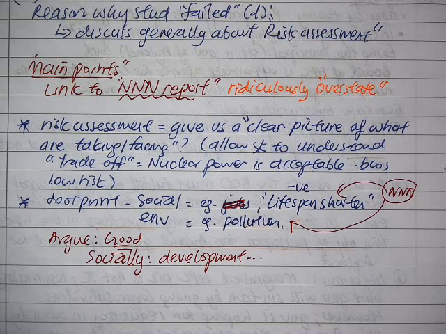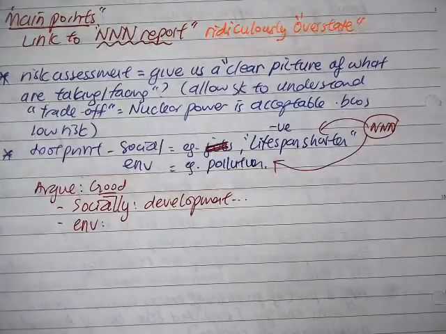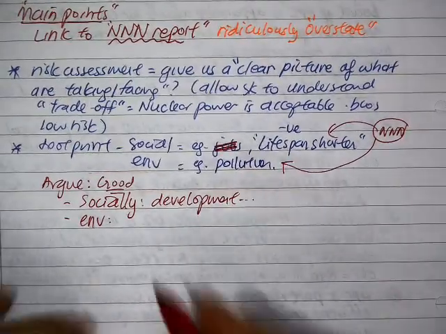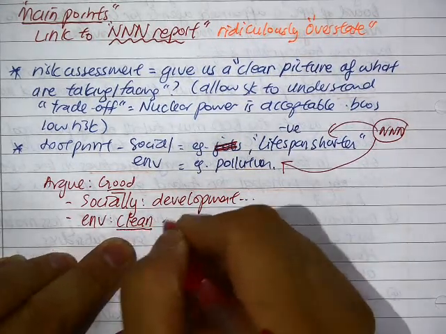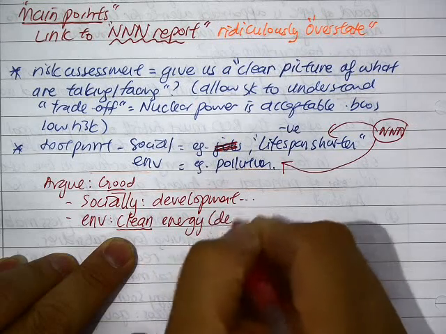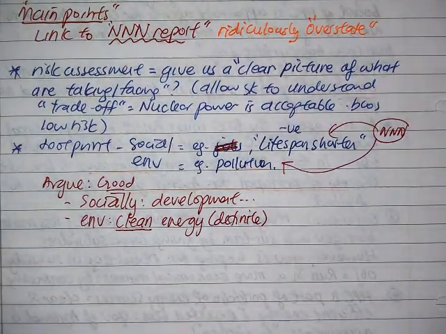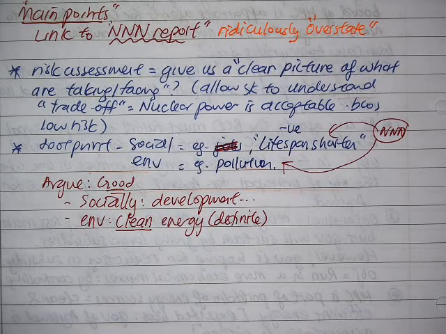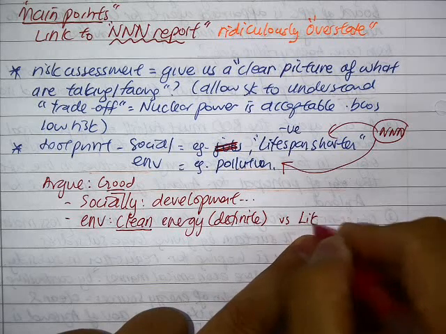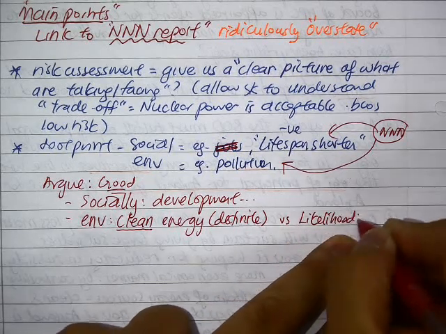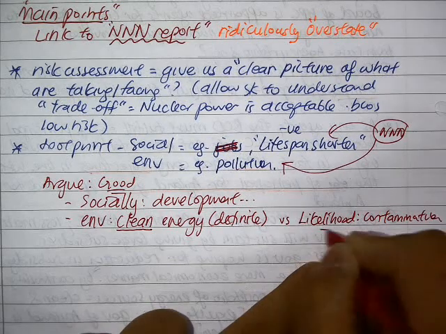Or you want 50 years, clean water? This is the trade-off. Can you see, no? So you must tell them socially, and you must tell them environmentally that we are exchanging clean energy, which is definitely clean, efficient, compared with a likelihood of contamination.